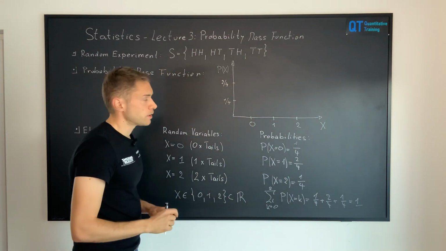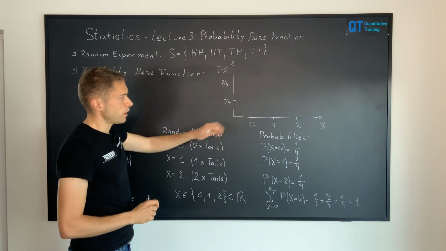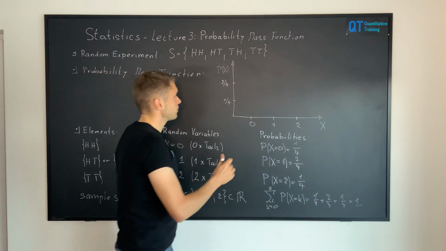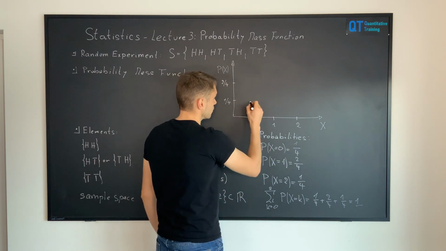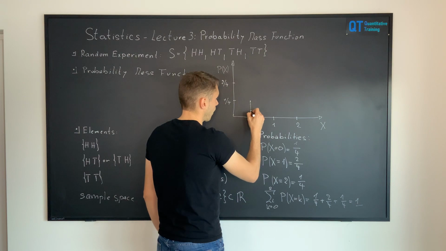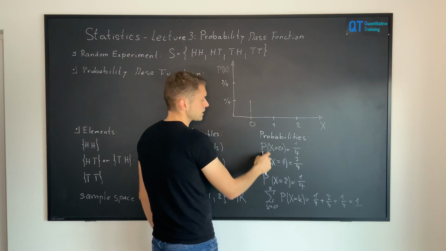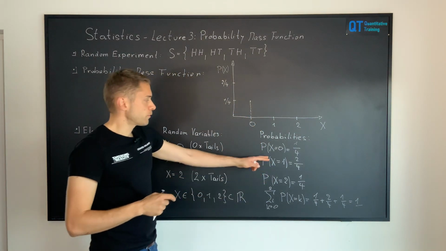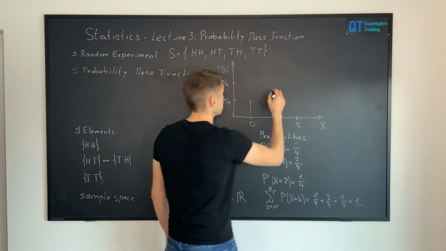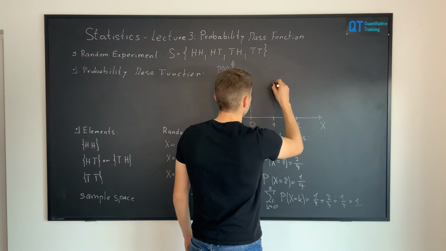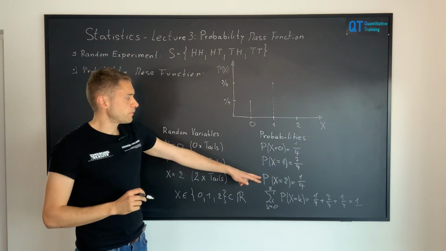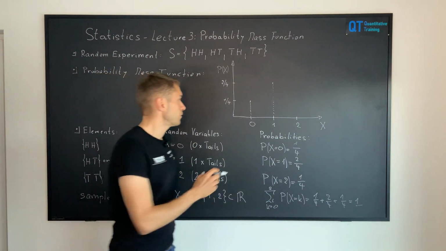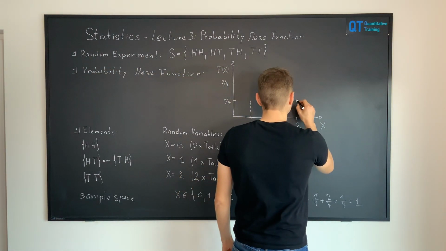Now we are going to join the values on the x and y axes. For the first one, x equals 0, we have a probability of 1/4, so we are here. For the second one, x equals 1, we have a probability of 2/4, so we are here somewhere. And for the last random variable, x equals 2, we have again 1/4, so we are here somewhere.